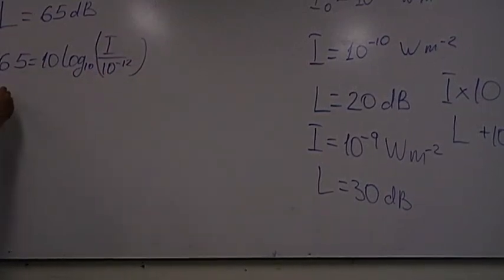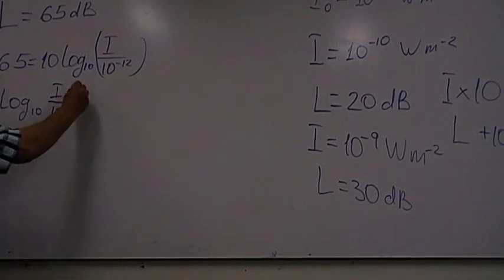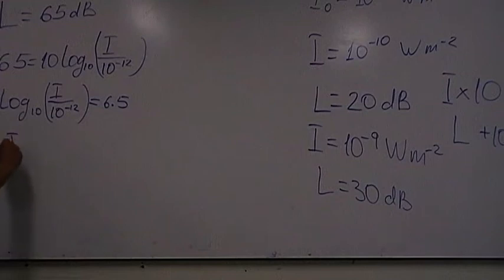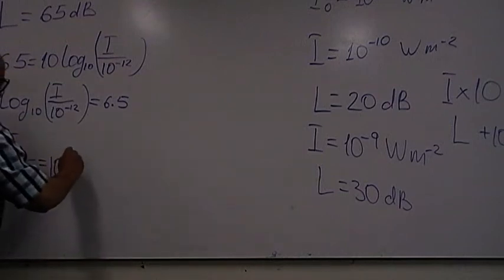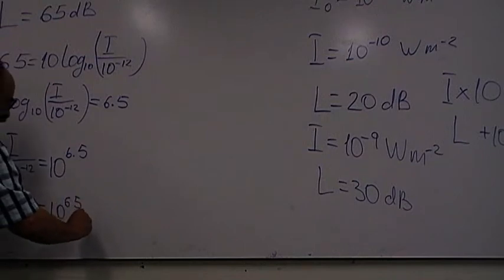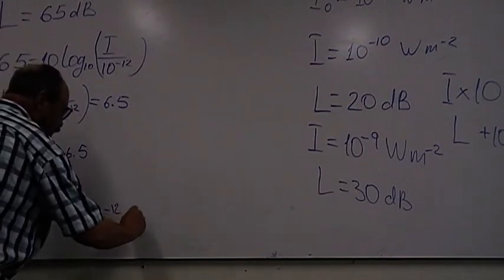Rearranging this formula, we get log with the base 10 of intensity divided by 10 to the negative 12 equals 6.5. That means I over 10 to the negative 12 equals 10 to the power of 6.5. And so intensity equals 10 to the power 6.5 times 10 to the negative 12.